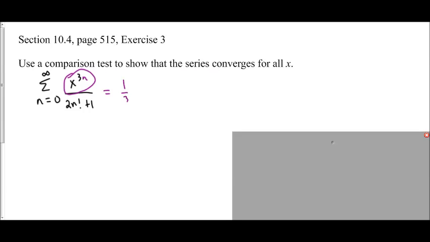We're going to have 1 over 3 plus x cubed over 3 plus x cubed squared over 5 plus x cubed cubed over 13, and of course, this is going to continue.